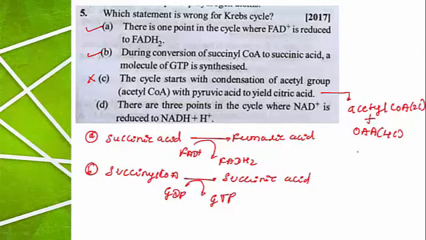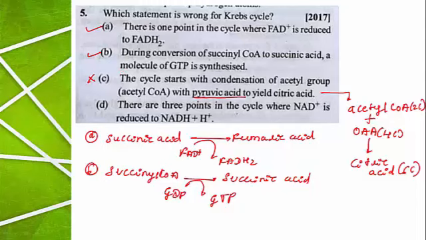Acetyl coenzyme A is a 2 carbon compound. It gives rise to the formation of a 6 carbon compound called citric acid. So citric acid is a 6 carbon compound. Acetyl coenzyme A is combining with oxaloacetic acid, not with the pyruvic acid. So this statement is wrong.